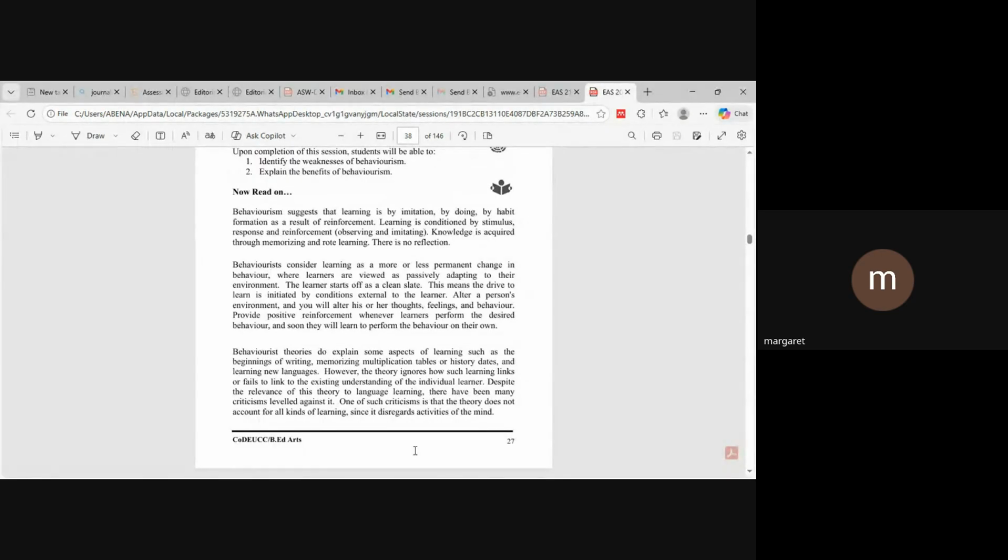Now it explains how writing and then speaking begins. So in this sense, writing or speaking will begin when the child is placed in an environment where they can observe and imitate.